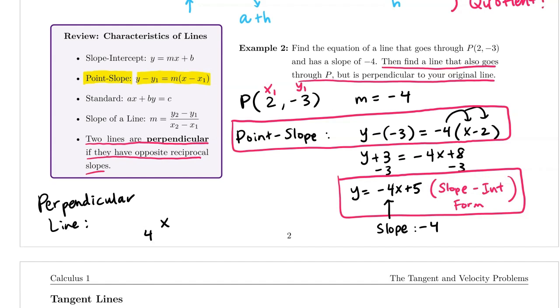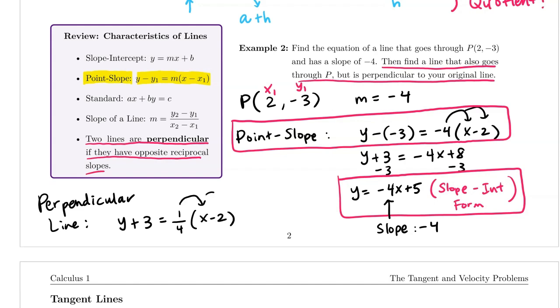So really, it would probably be more helpful if I use point-slope form. So I'm going to do y plus 3 equals, before we used -4, so now I'm going to use positive 1/4, and then x minus 2.